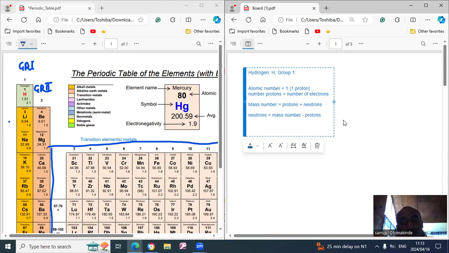Therefore, for a hydrogen atom, for example, the number of neutrons would be equal to the mass number, which is the number here. The mass number here is 1.01, which is approximately 1 to the nearest whole number. So it will be mass number, which is 1, then minus the number of protons. The number of protons here is the atomic number, which is 1. So it means that the number of neutrons in the nucleus of a hydrogen atom is 0.